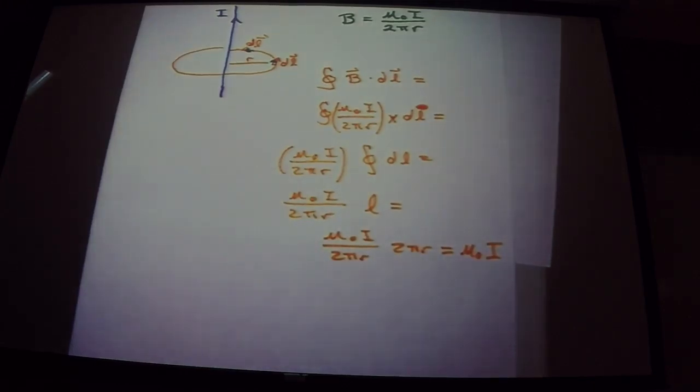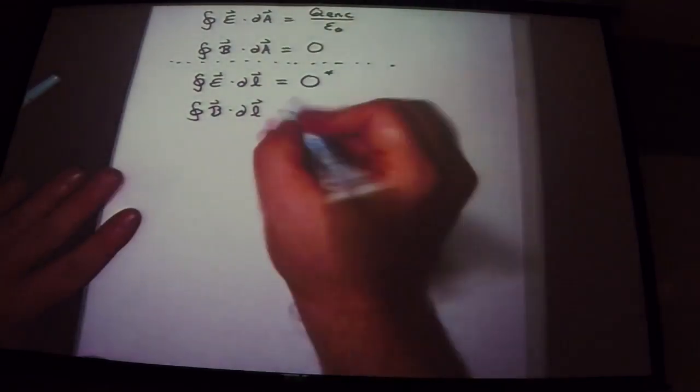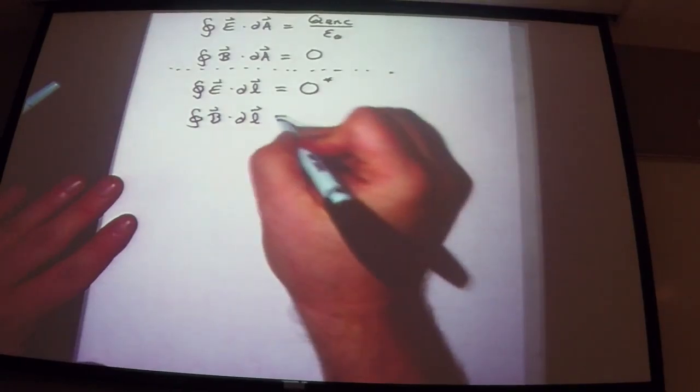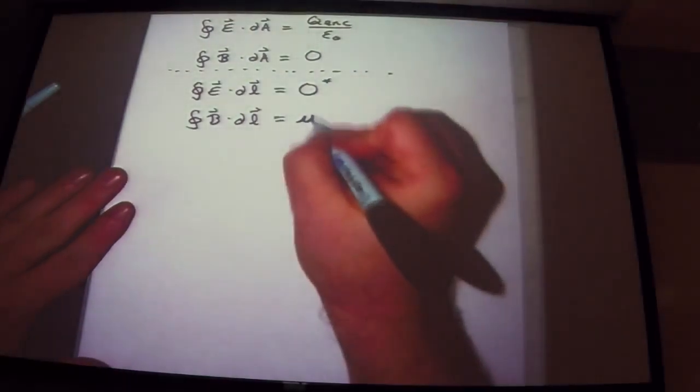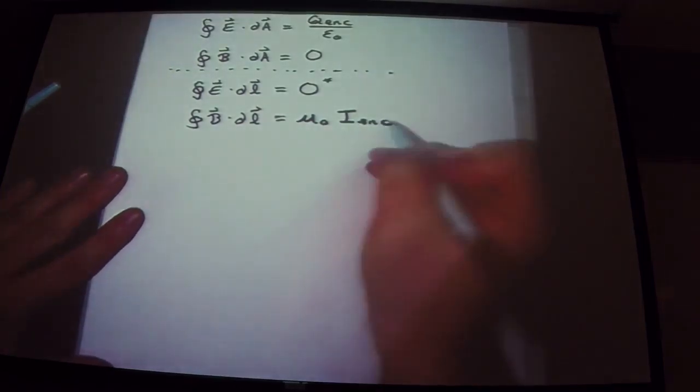What it turns out to be is this: the integral of B dot dl is equal to mu naught multiplied by the I enclosed.